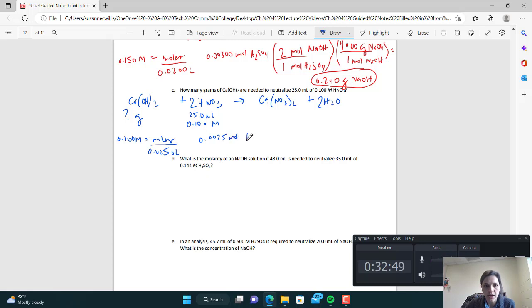Here we find moles of our acid. We can hop over to moles of our base. Okay, so that's our balanced, oops, wrong base. Yep, and use your balanced equation. So 2 to 1. And then we can go one more step from moles to grams of your calcium hydroxide.